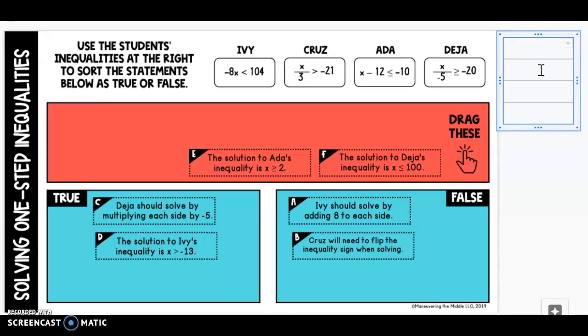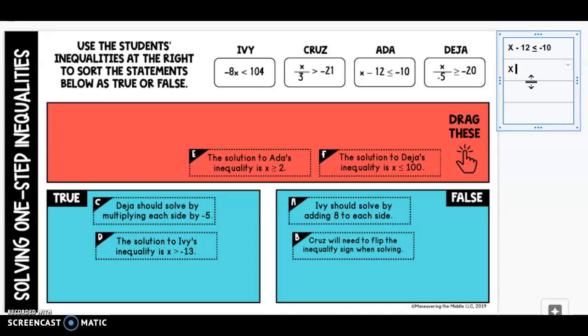The solution to Ada's inequality is x is greater than or equal to 2. Ada, her inequality is x minus 12 is less than or equal to -10. Let me put the equal to sign. All right, the inverse operation, I'm noticing that I'm subtracting 12, so I need to add 12 to each side.